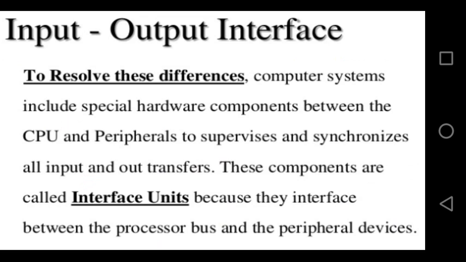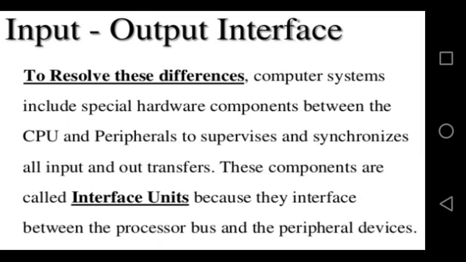Next, to resolve these differences, the computer system includes a special hardware component between the CPU and peripherals to supervise and synchronize all input and output transfers.